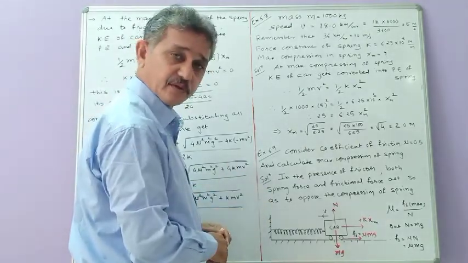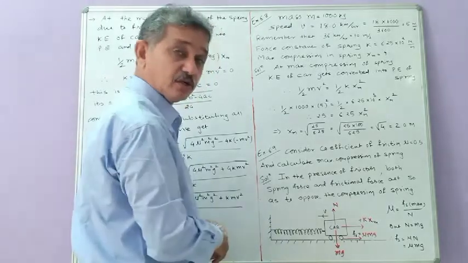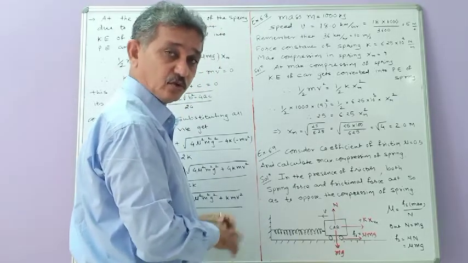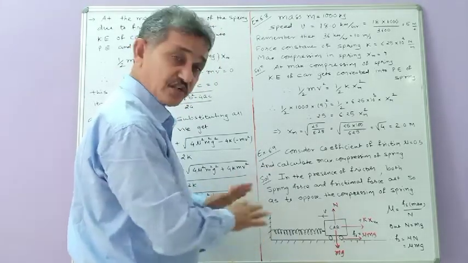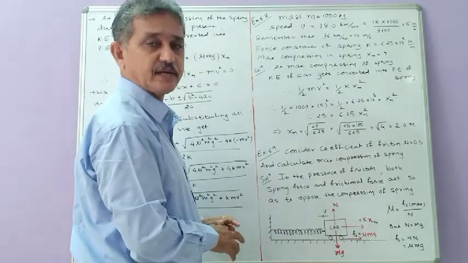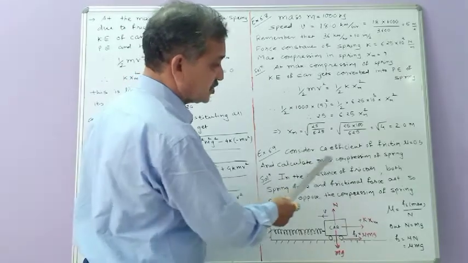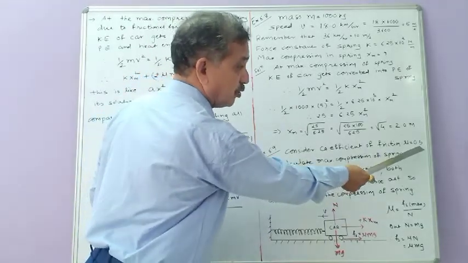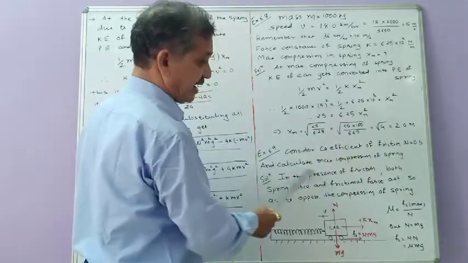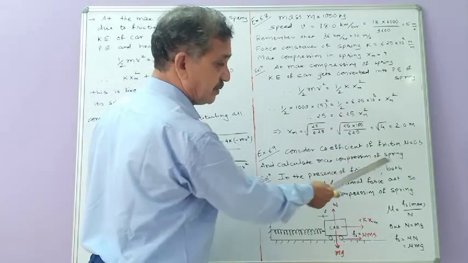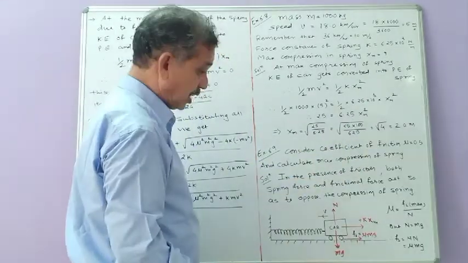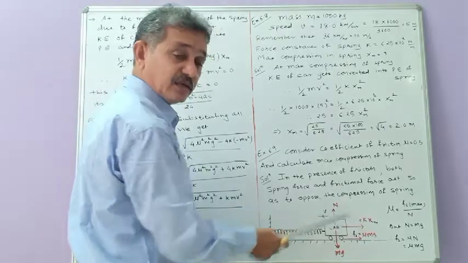As the road is rough, there is no smoothness, there will be a certain frictional force, and due to the frictional force there will be a coefficient of friction. So consider the coefficient of friction of the road is 0.5 and calculate again the maximum compression in the spring. So now you have to consider the roughness of the road.